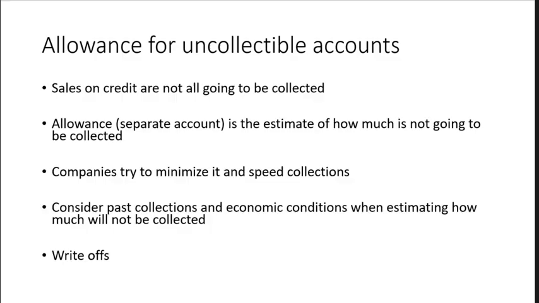When we estimate the amount that we're not going to collect, we're going to look at our history of how many customers we have this kind of problem with on average. And what has changed in the economics? Are we looking at a recession, and is that going to make the number of our customers who can't pay the amount that they owe us go up?